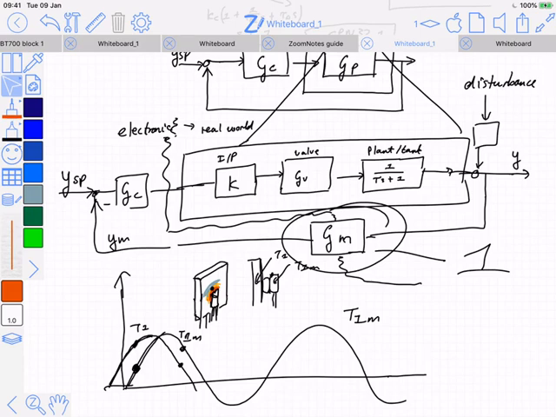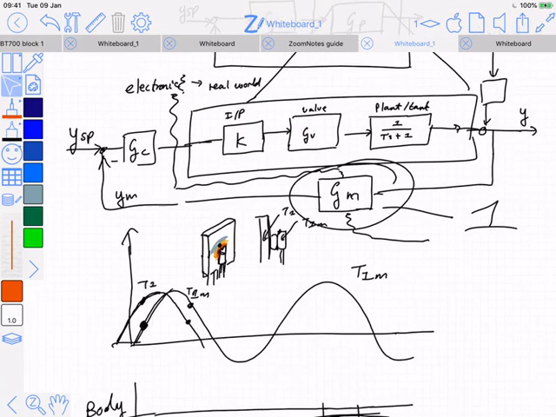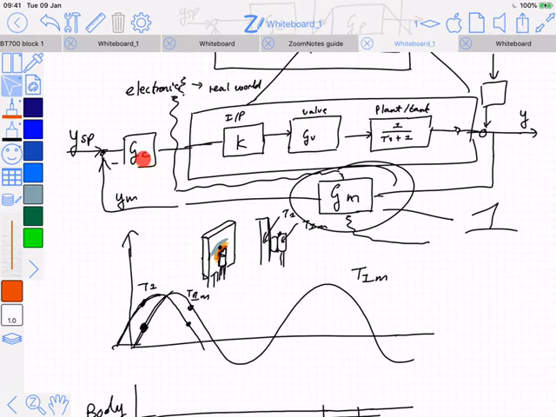In some cases, there may be like an electric element or some other thing that can interact with that system.